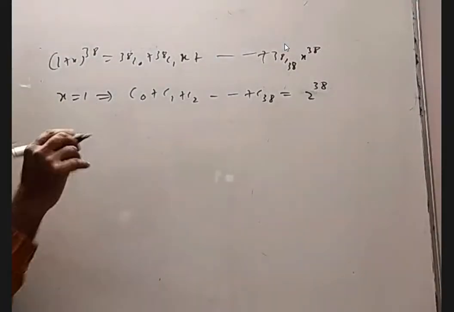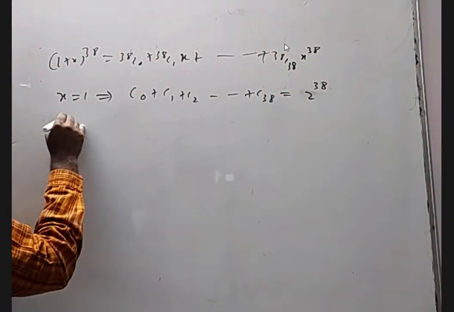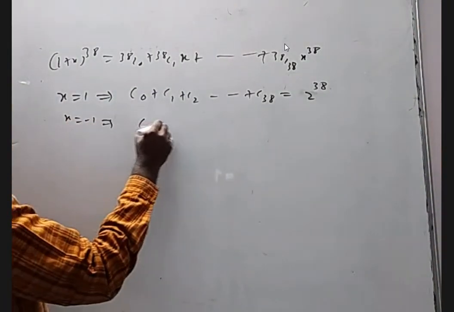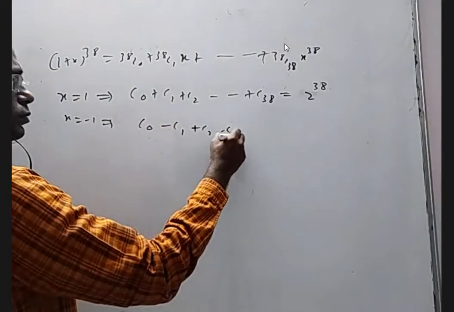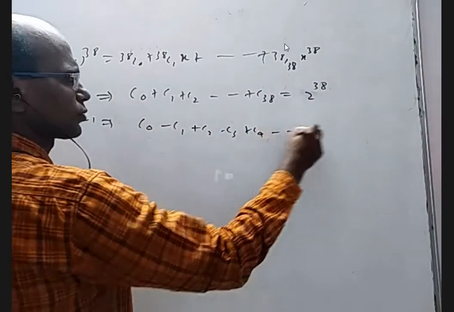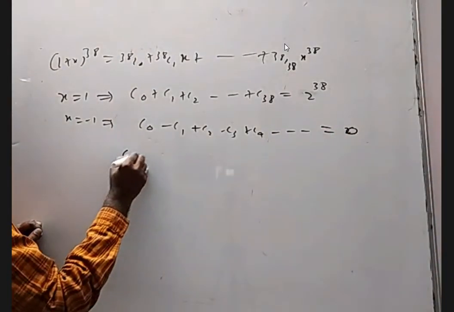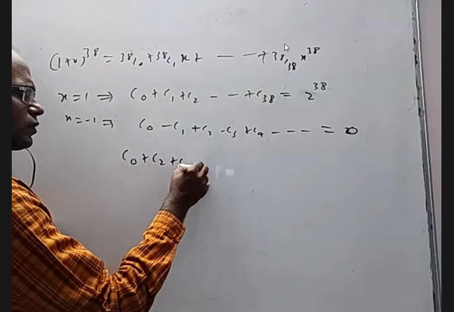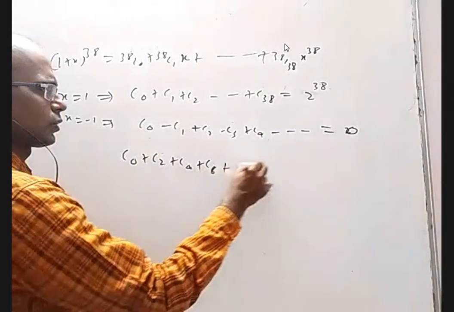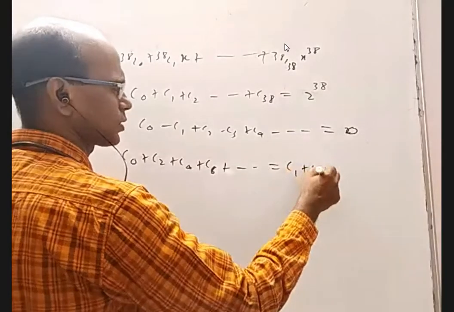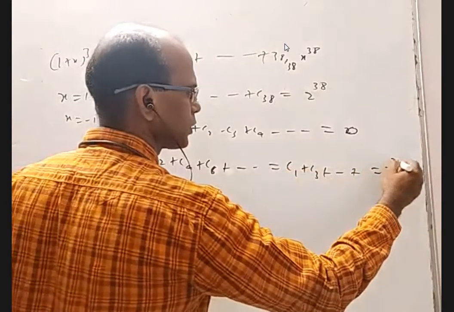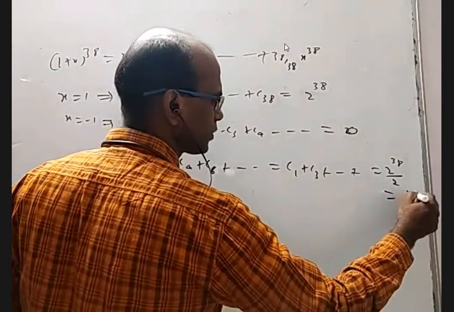We all know that sum of all the binomials. If I put x equal to minus 1, c0 minus c1 plus c2 minus c3 plus c4 so on will be 0. From this, we'll get c0 plus c2 plus c4 plus c6 so on is equal to c1 plus c3 so on equal to 2 power 38 by 2, which is 2 power 37.